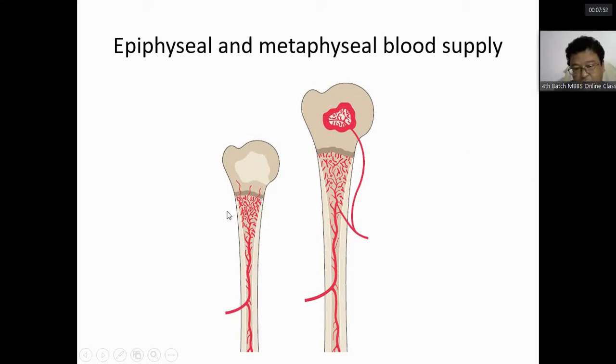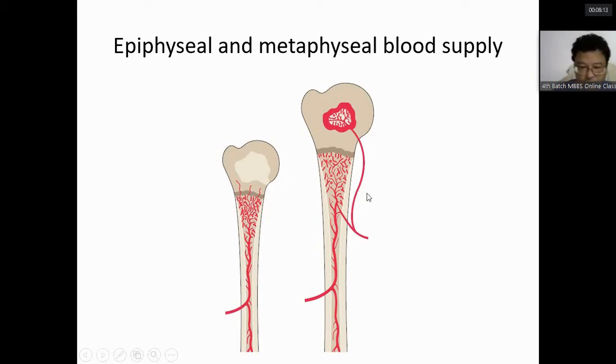This is the metaphysis, this is the physis, this is the epiphysis. So the blood vessel is traversing this physis, so we understand that if there's an infection, it can pass through and go to the epiphysis.